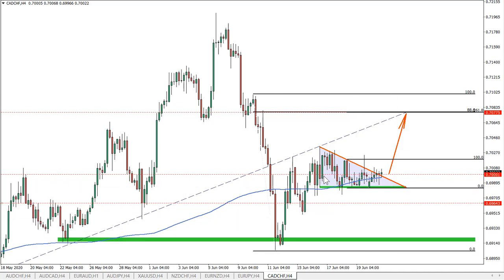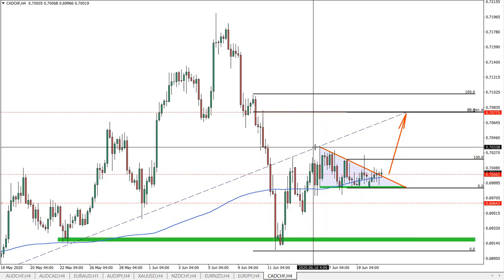We have the 4-hour chart, and price is now above the 200 exponential moving average. We see here was a bounce off the moving average, and it provided the support level. The support has been rejected, which is still very bullish for the Canadian Swiss franc.